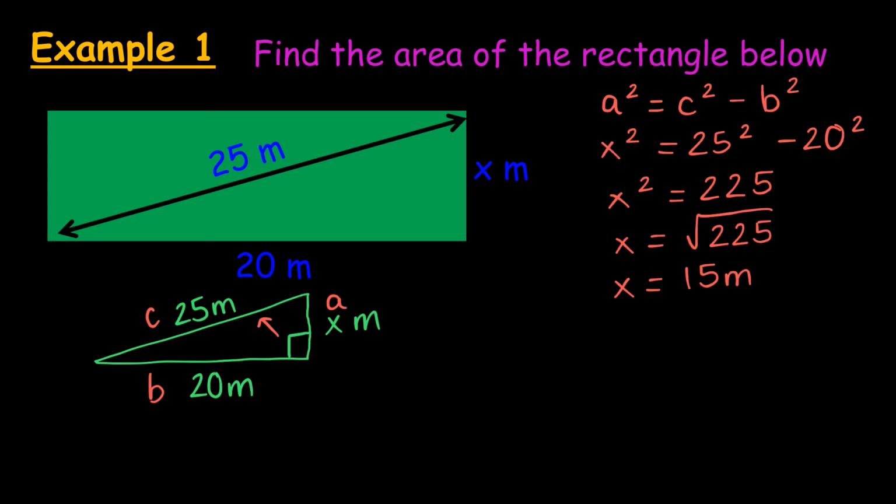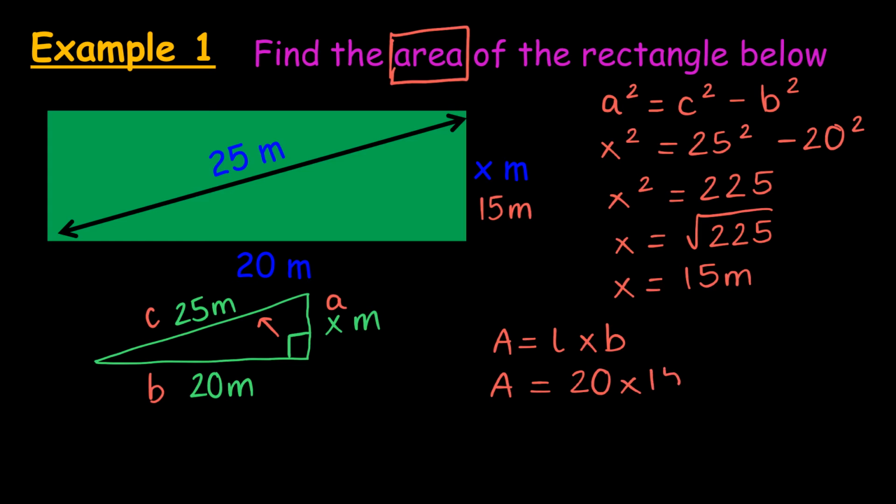Again, we've not answered the question because the question asks us to find the area of the rectangle, and all we found is that this side here is 15 metres. So we're going to borrow again from our previous topic, where we know that the area of a rectangle is length times breadth. So area equals 20 times 15, which is 300.